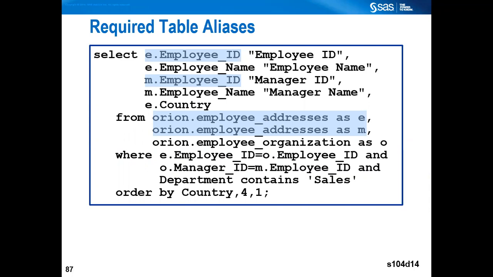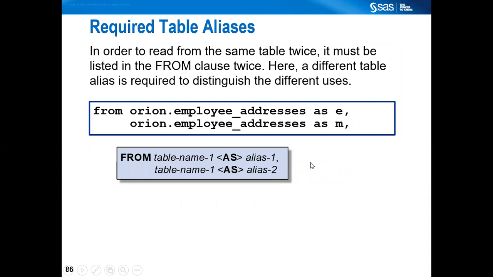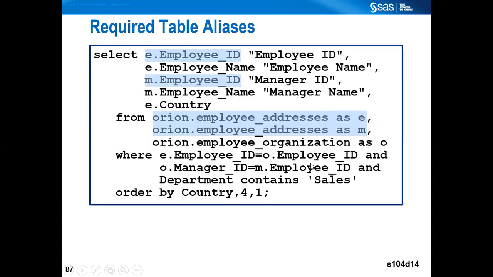All right, everyone. What you can do is you just open this demo and work with this exercise or this demo, and of course open your tables, employee address and organization, and understand what you are doing.